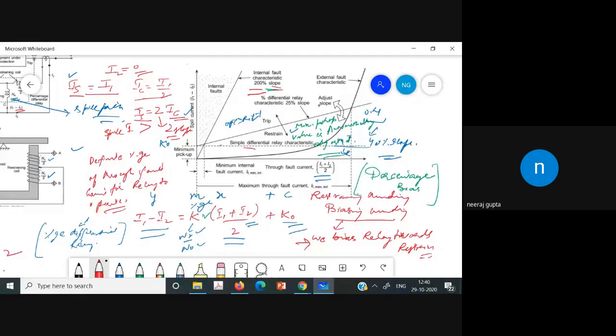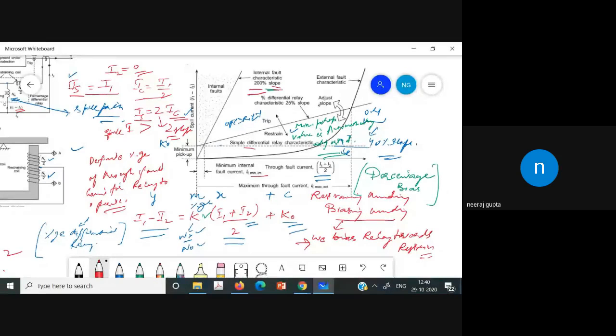So there is one more stability ratio we have to discuss. The minimum internal fault current is the current below which the scheme will not respond. This is known as IF minimum internal.